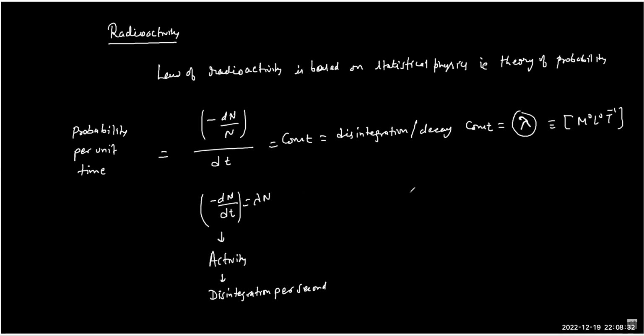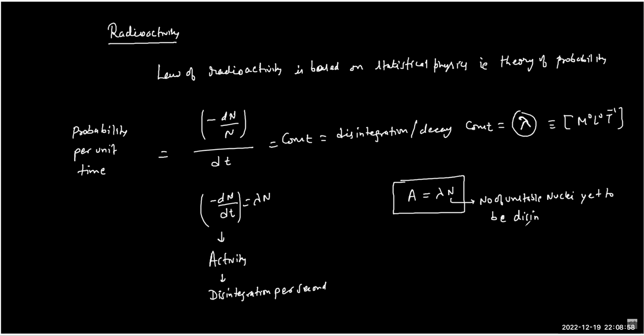And we can see clearly that activity is proportional to the number of live unstable nuclei, the number of unstable nuclei yet to be disintegrated. So the larger the number, the more the activity.